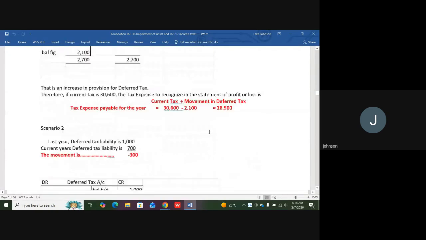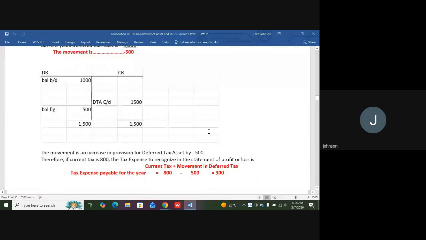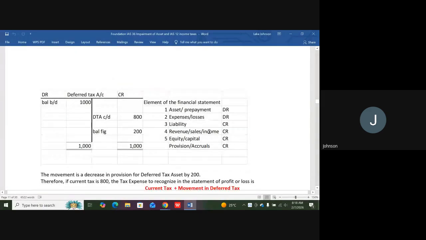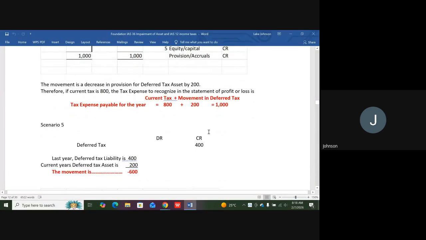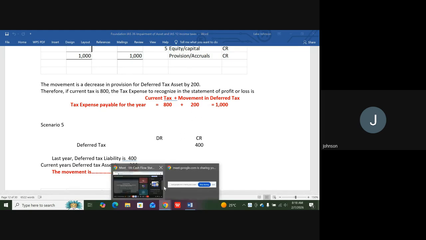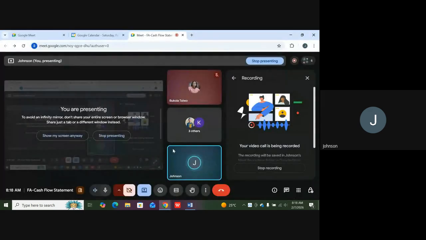So we are going straight to another standard today, which is IAS 7, one of the components of accounts that you must prepare. You must know that in financial accounting or financial reporting or strategic business reporting, there are components of accounts that we must prepare.